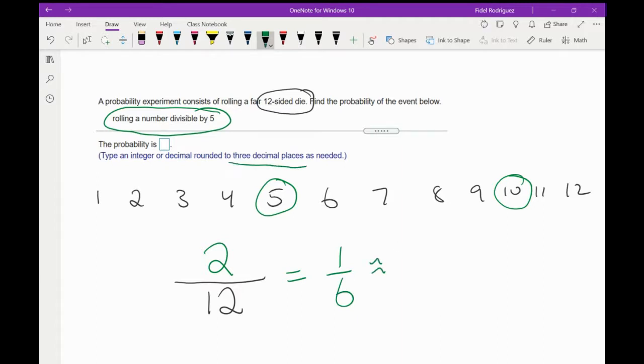Since the question says to round to 3 decimal places, I'll take my calculator again. What's 1 divided by 6? I'm coming up with 0.167. This is what my answer would be.